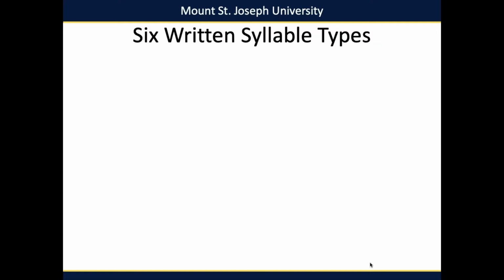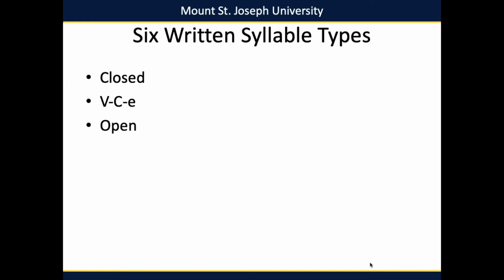There are 6 types of written syllables that are generally recognized and taught to students. Keep in mind that these are written patterns, not sound patterns like we discussed previously. The closed syllable pattern is one vowel followed by one or more consonant letters. This is VC or CVC. This pattern signals the short vowel sound. The VCE pattern signals that the vowel sound should represent its long sound.